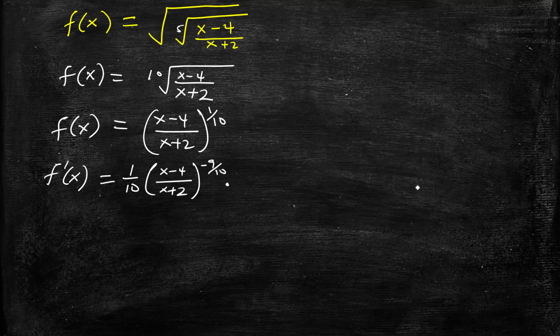In case we are given u on v, we keep v, differentiate u, minus keep u, then differentiate v, all over v squared.